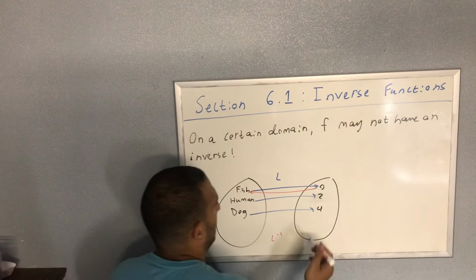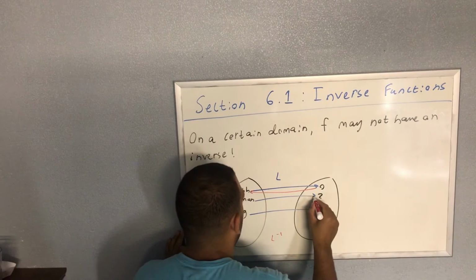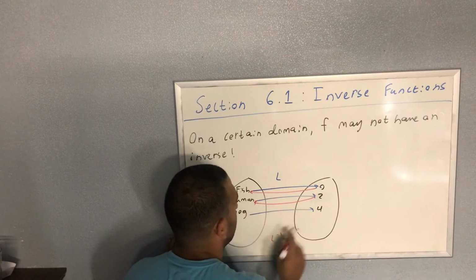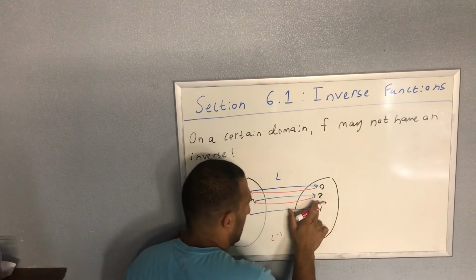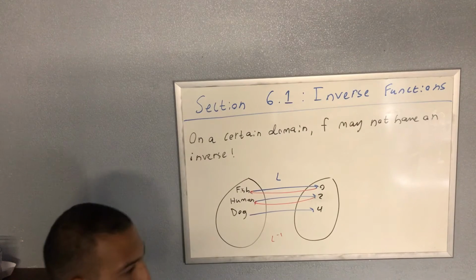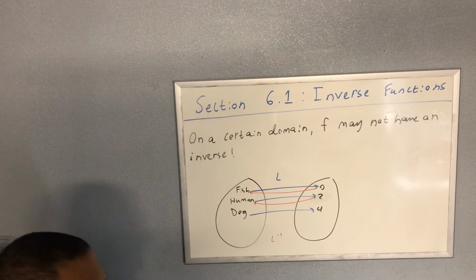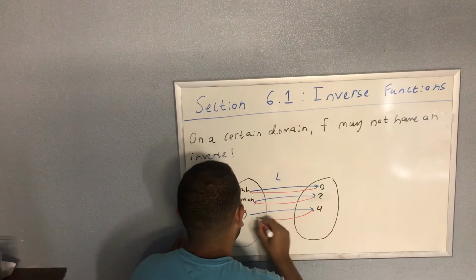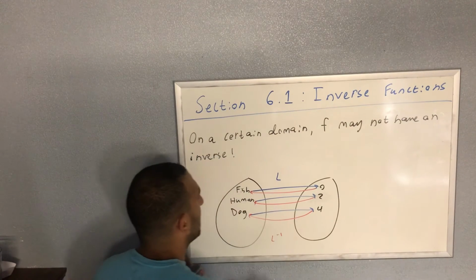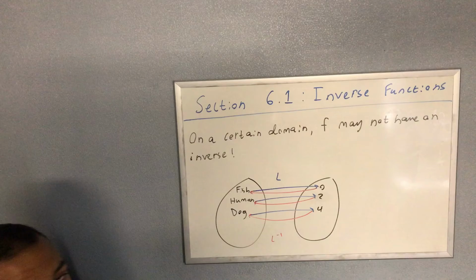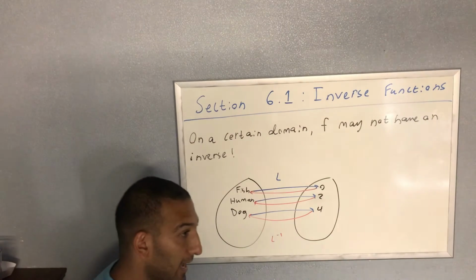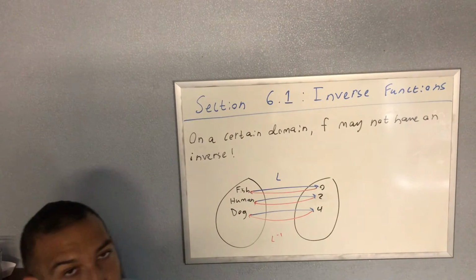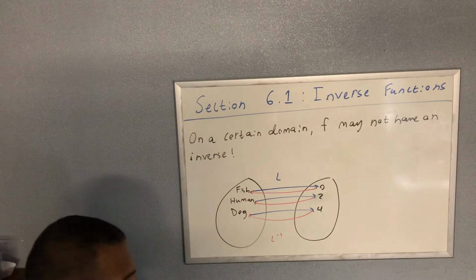So if we take L inverse of 2, we get to human. I say, what animal has 2 legs? You say human. But now you say, what animal has 4 legs? In the context of this function, you would say dog, but I can think of a lot of other animals that have 4 legs, like a cat, or like a pig.